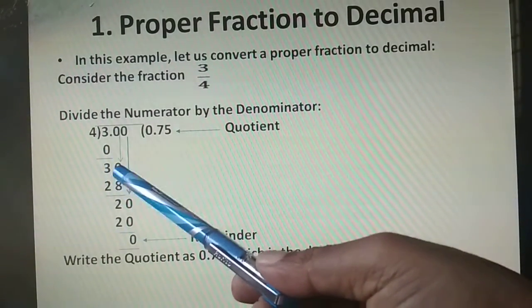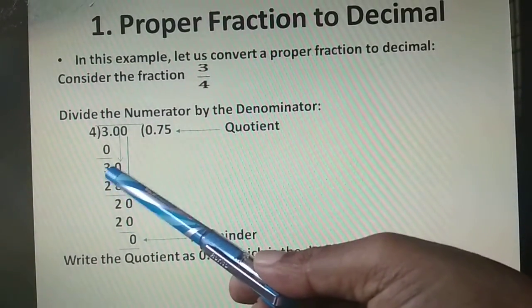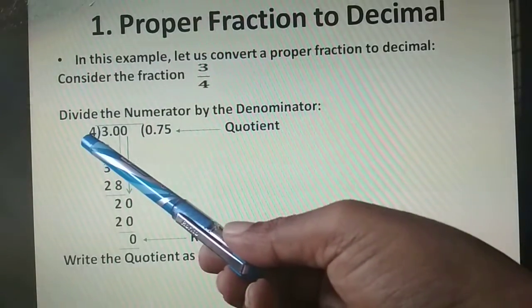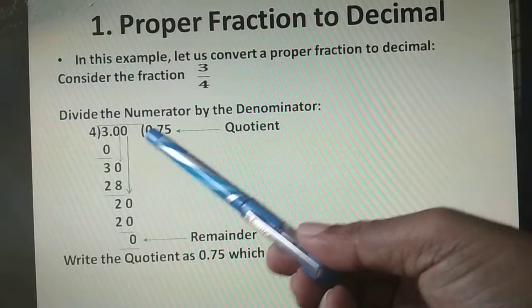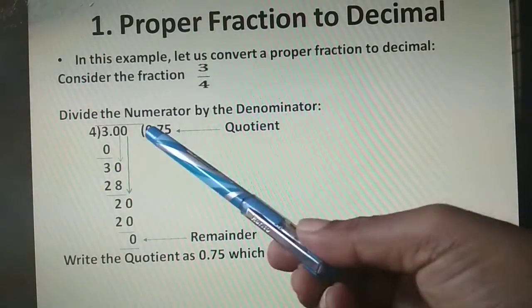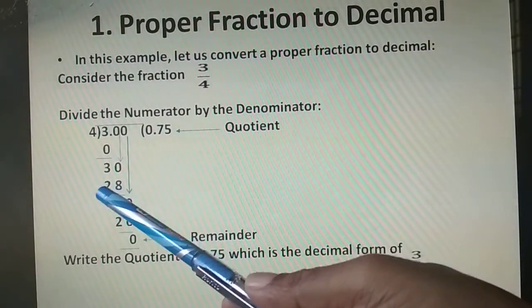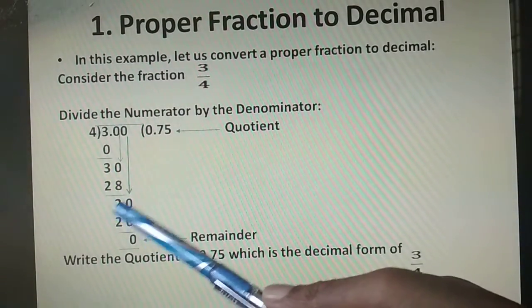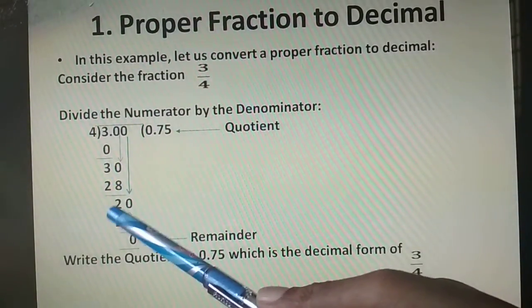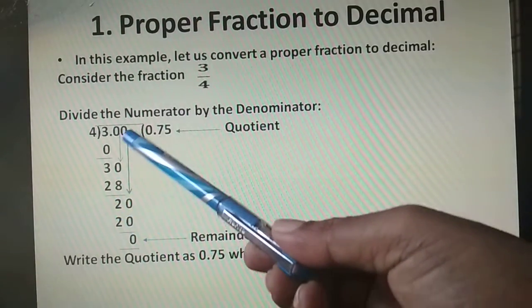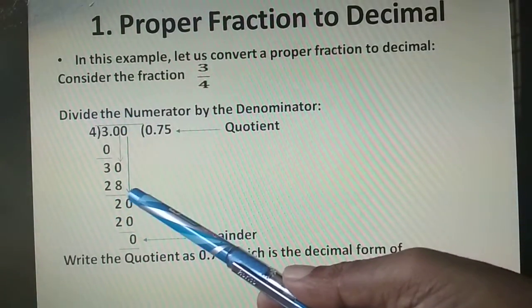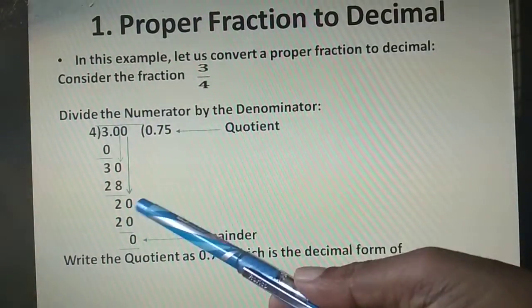Here see, we bring down the 0, then it becomes 30, isn't it? So 30 means 4 7s are 28. We put the 28 below the 30, subtract, and you will get 2. 30 minus 28 is 2. Then bring down the next 0.